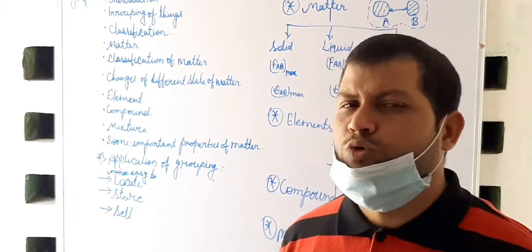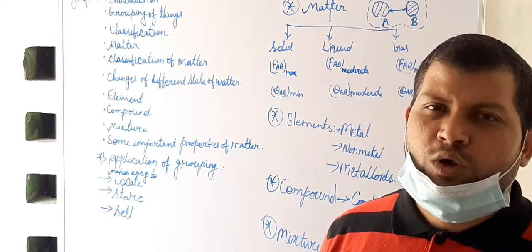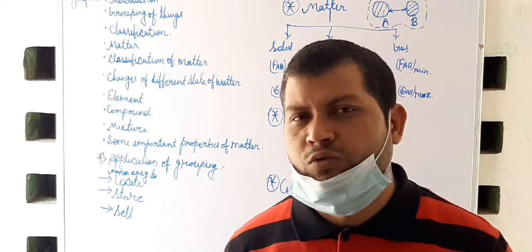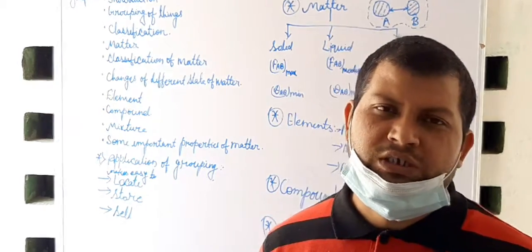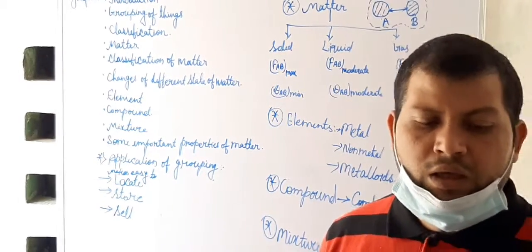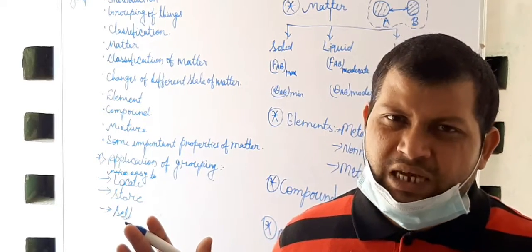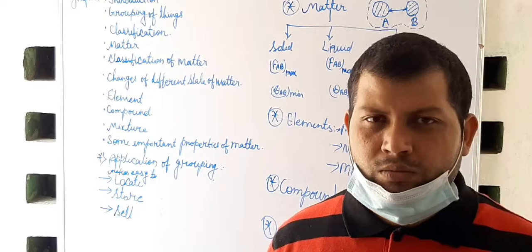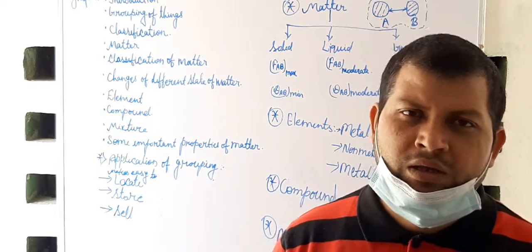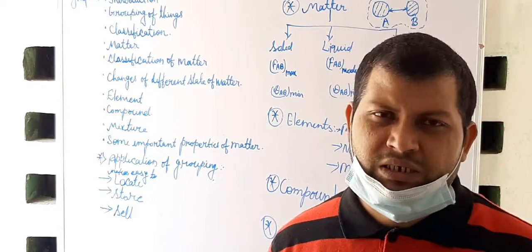And one thing you should know: when a solid is directly converted into gas, this process is called sublimation. And sometimes some gases are compressed to make liquid. This is called compression.